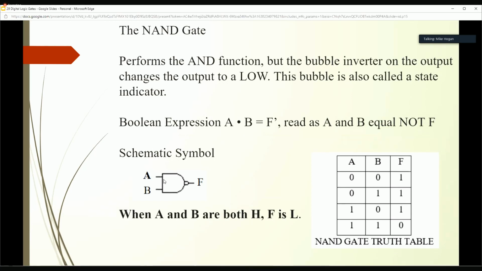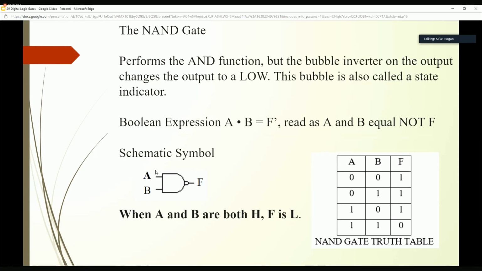Our NAND gate, now we're just basically putting that bubble inverter on the output. Still an AND gate. It's just that our truth table is going to be completely inverted, because what I would expect out is going to be inverted, and now I get the opposite, right?